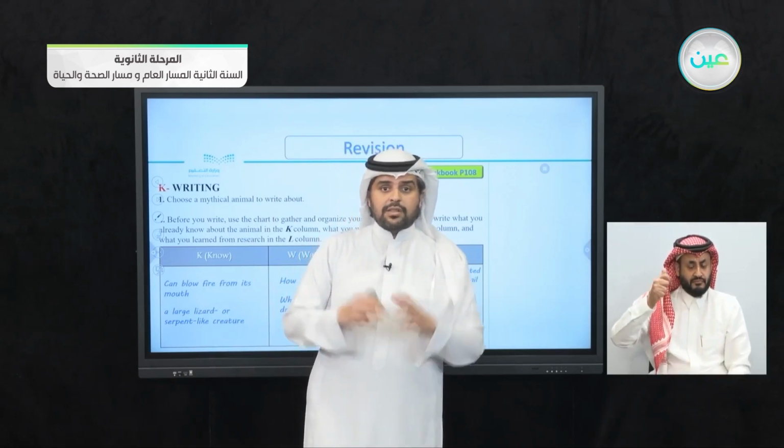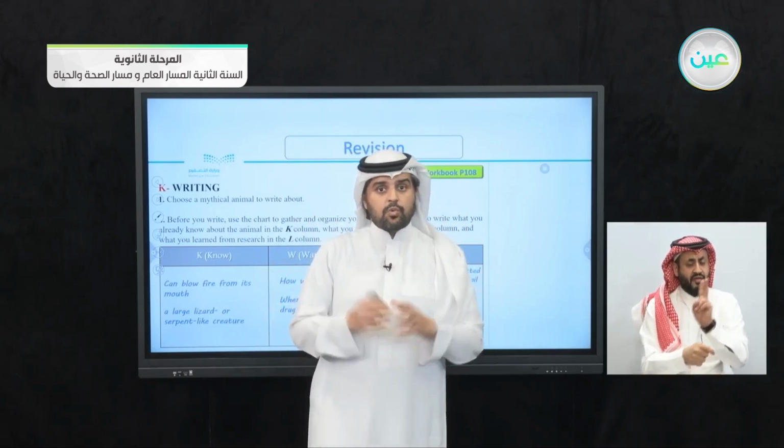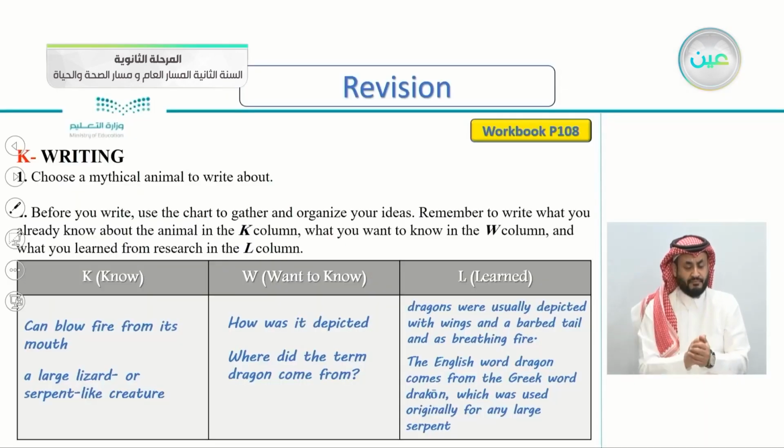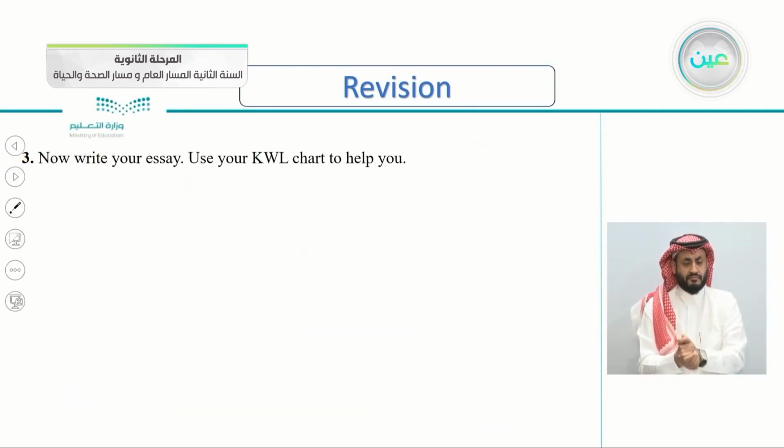That's why they call this mythical creature, which looks like a serpent, dragon. So now that we have filled this chart, want to know and learn, let's write an article about dragons.